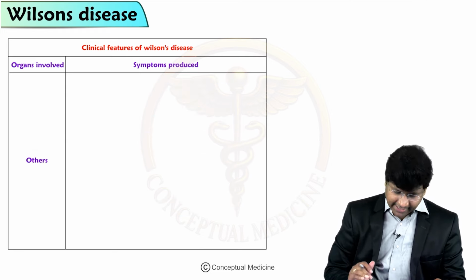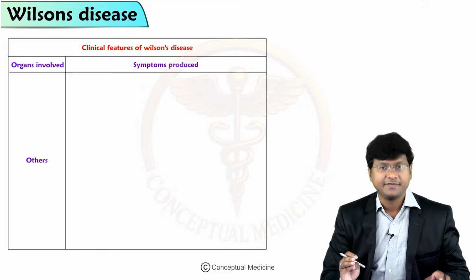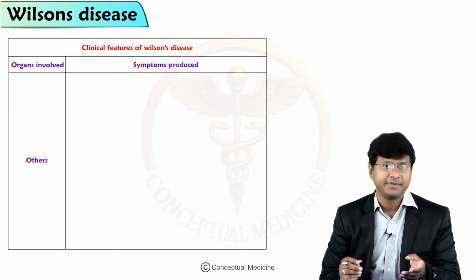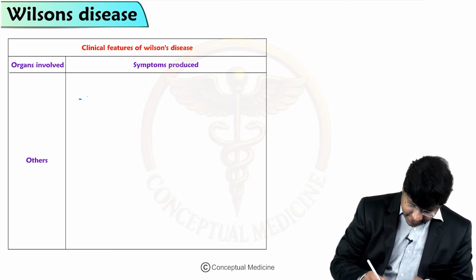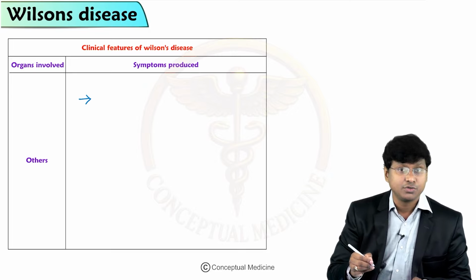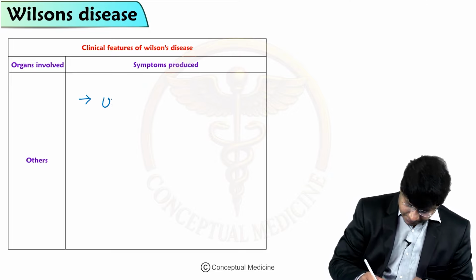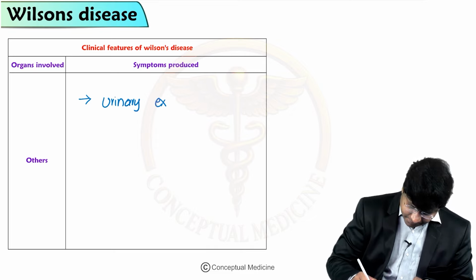Now, what are the other manifestations? There will be renal impairment in these individuals, and there will be urinary excretion of glucose.